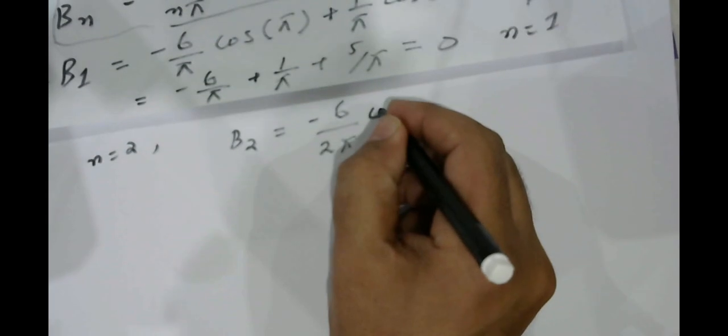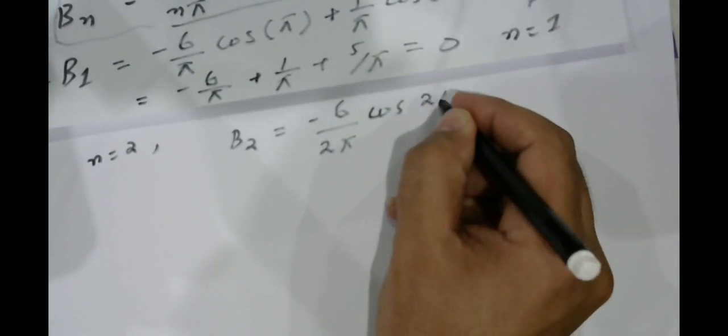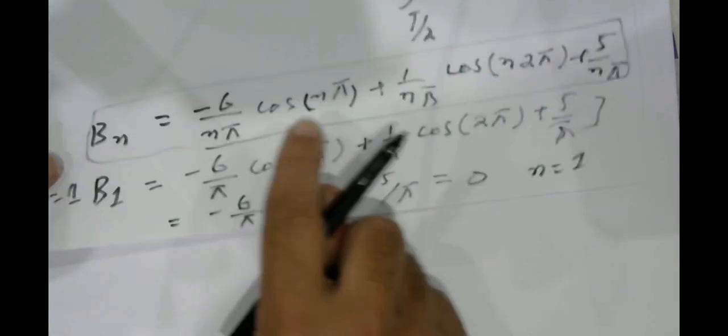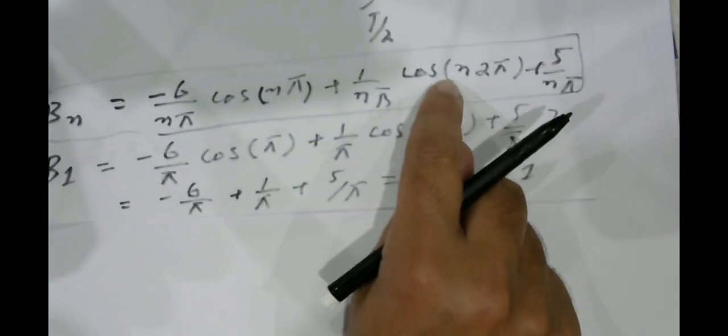This will be cos 2 pi, plus 1 by n pi, so for n I put 2, so this will be 1 by 2 pi cos, n is 2, so this becomes 4 pi, and then plus 5 by 2 pi, right?